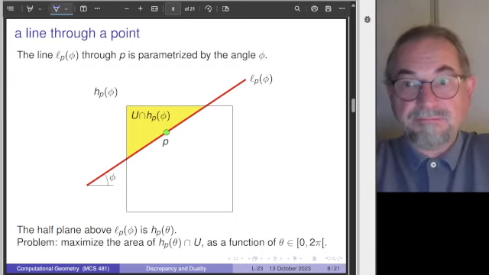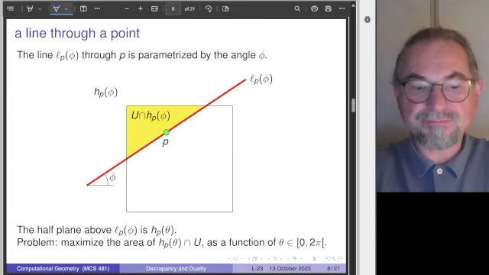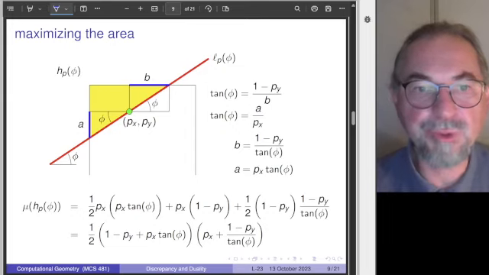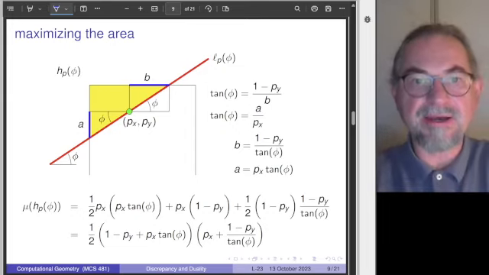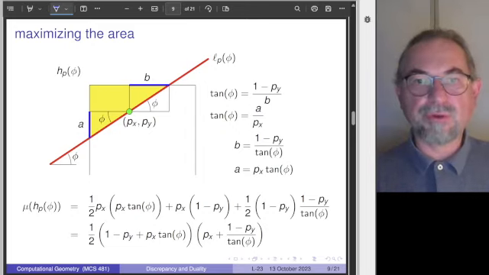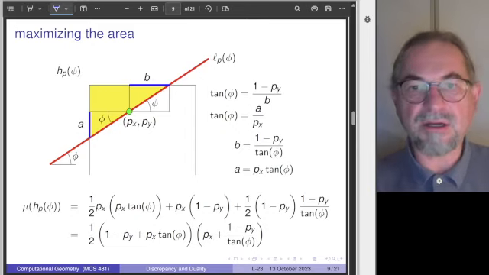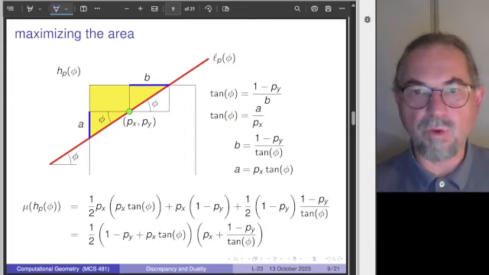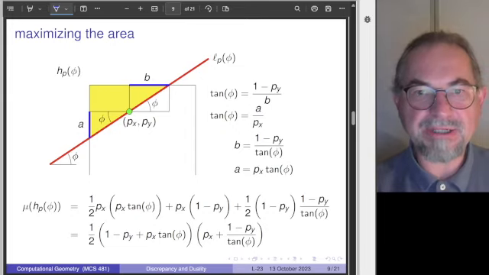Okay, it is now a calculus problem. Let me go through this. We are computing the area of the half plane. We have the point with coordinates px and py. We have a rectangle. We have the unit square from 0 to 1, from 0 to px here.